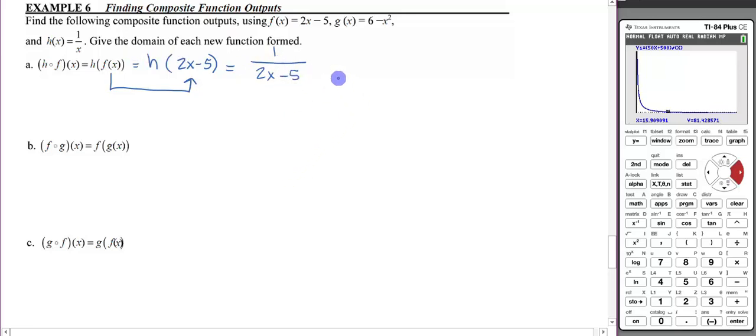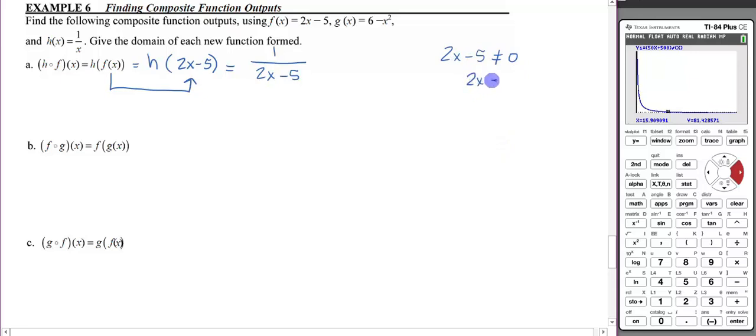Give the domain of the function that's formed. Well, we have to look at the function that comes out and decide, are there things that we cannot allow x to be? Of course. We have x in a denominator, and we want to make sure that the entire denominator does not equal 0, because we can't divide by 0. What would cause that entire denominator to equal 0?